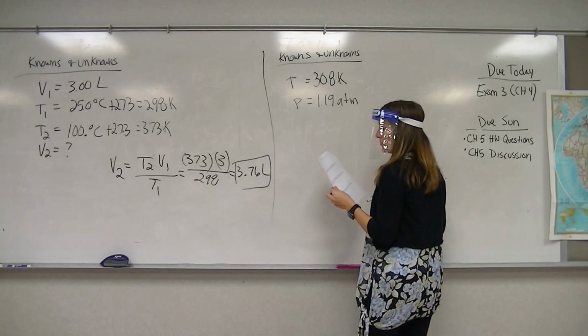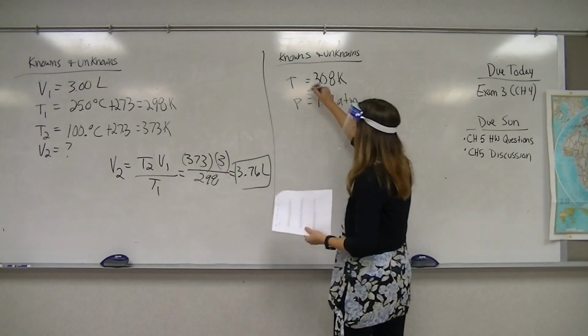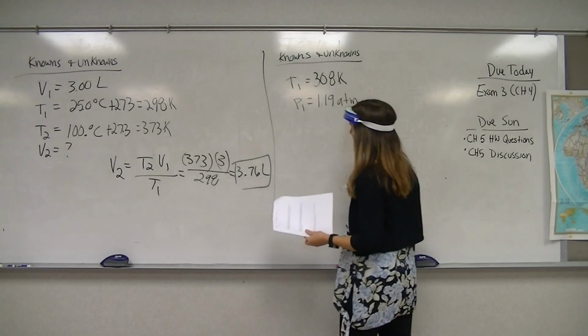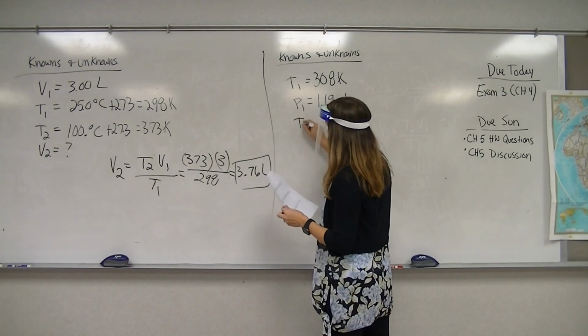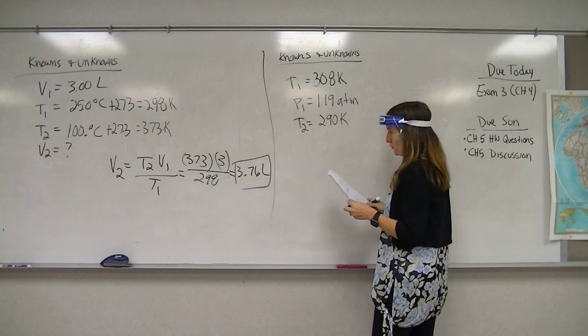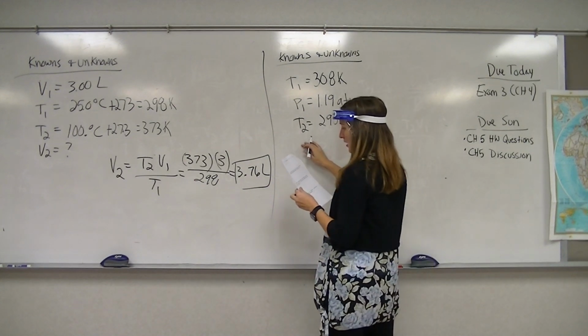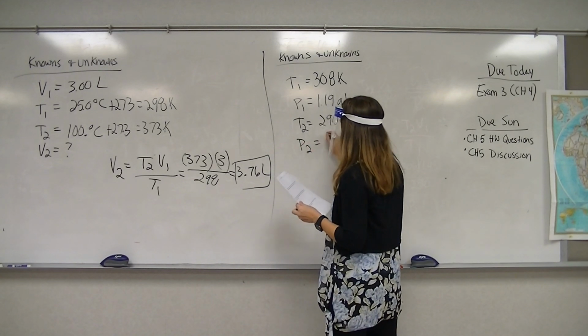And it says, what is the pressure when the temperature increases? So since I have a second pressure and a second temperature, I'm going to label my first set T1, P1. And then my second temperature of 290 will be T2. They're asking to solve for pressure, P2.